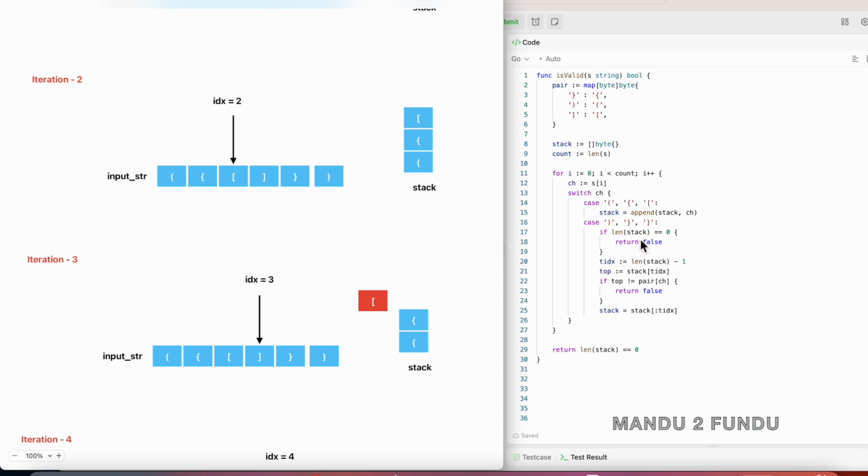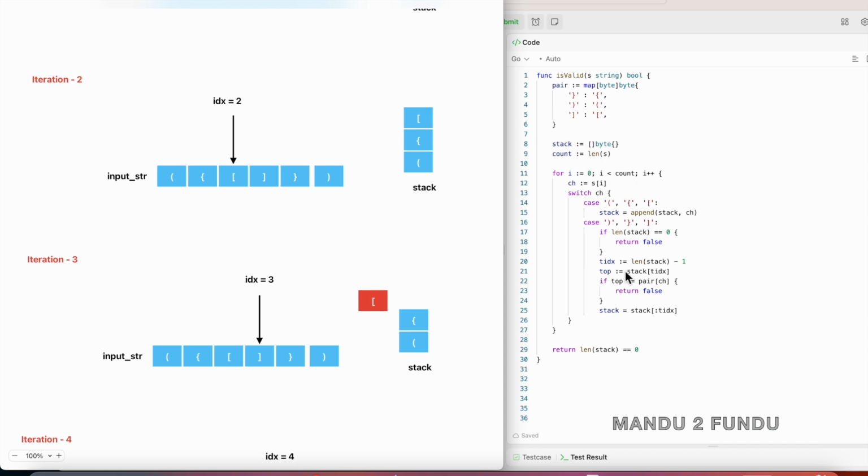Okay, so if the stack is not empty and it has some elements, then we pop the top element from the stack, and we compare that top element, and we look up the current character's pair. Both should match. We are seeing the closing square bracket, so there must be an opening bracket on the top of the stack.